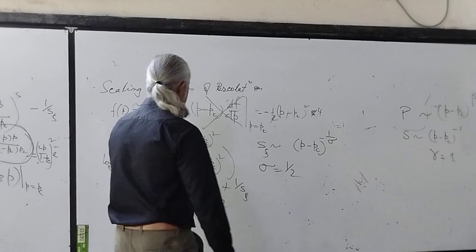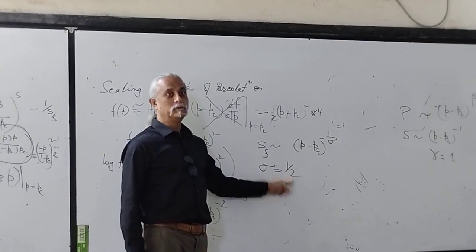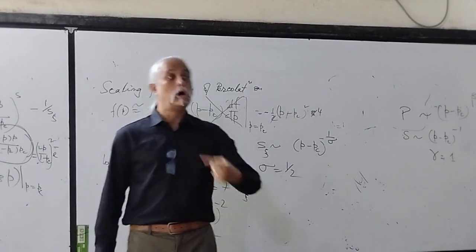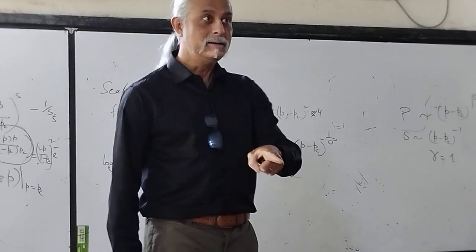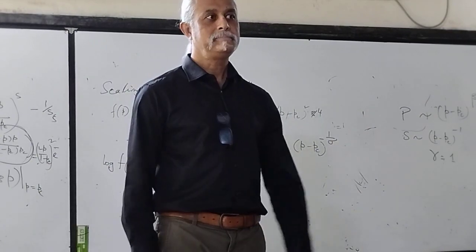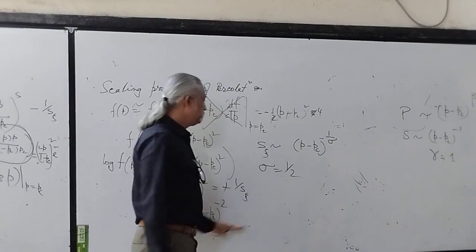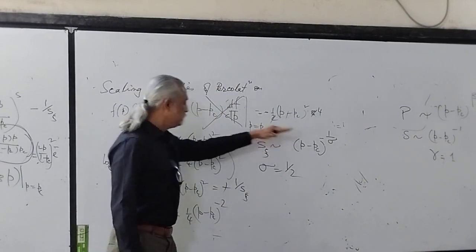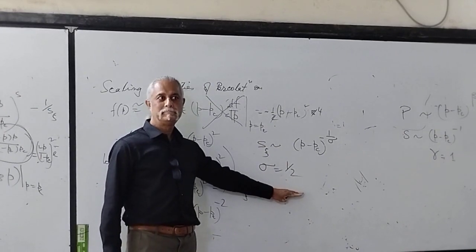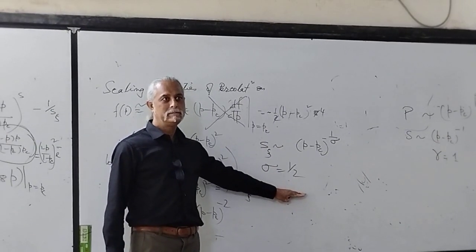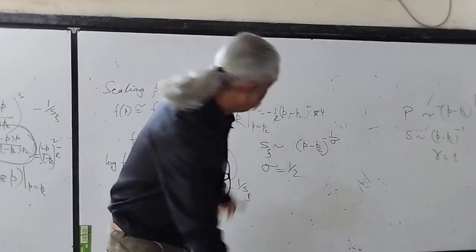In my case, Bethe lattice sigma equal to half. So if I ask you to solve a calculation on Bethe lattice, find the value of sigma, this is how you find the value of sigma. Stop there. Find this. Map this with that. Get the value. Very clear? We are going to use that soon.